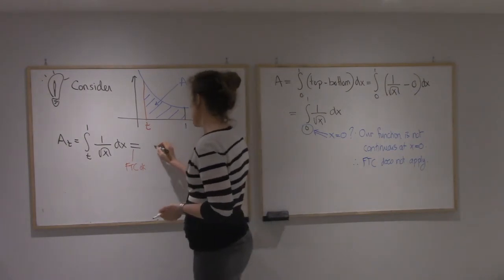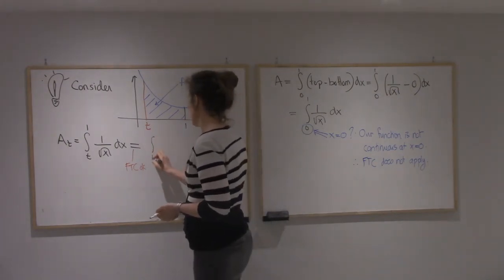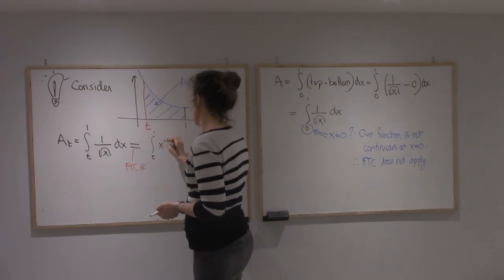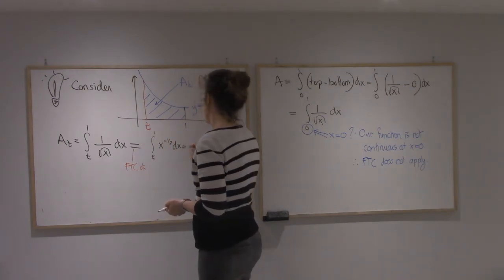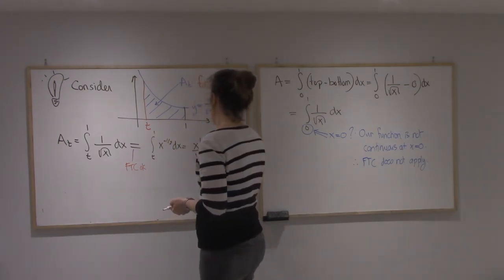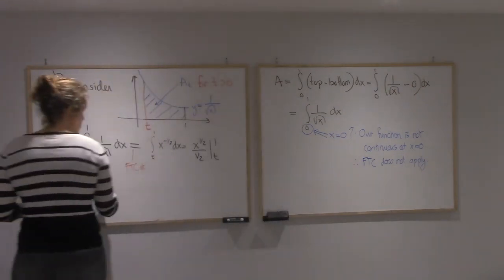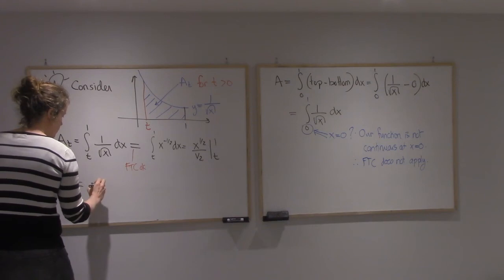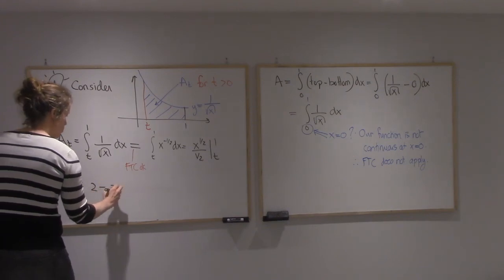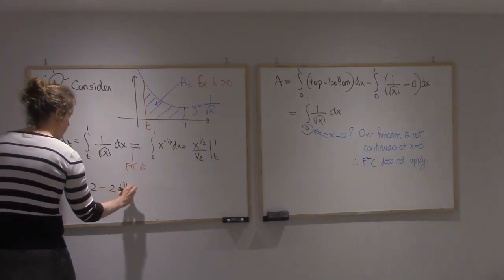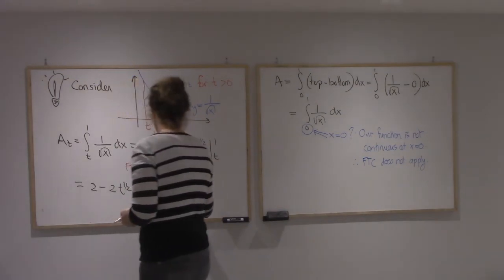All right, so I get x to the minus 1/2, and so that's x to the 1/2 over 1/2 from t to 1. And I get 2 times 1 minus 2 t to the 1/2, so 2 minus 2 root of t.